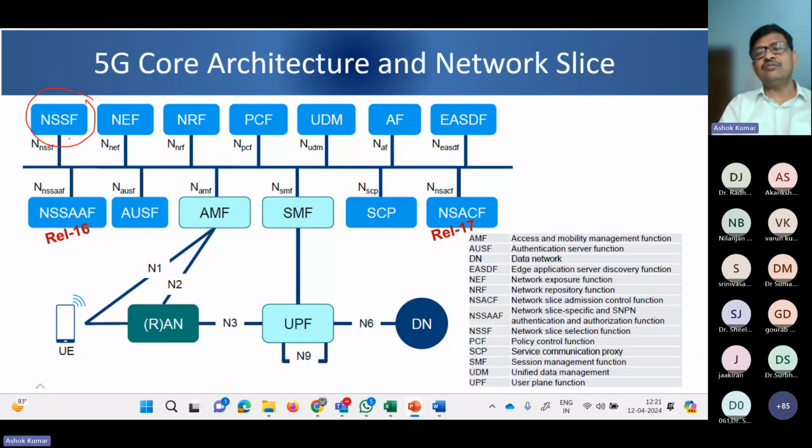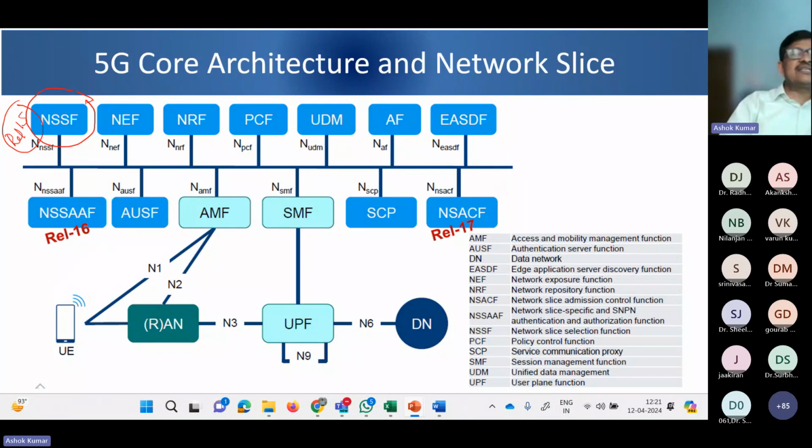Yes, so it's the network slice selection function. It assists AMF in selecting a particular slice for a particular UE. And this came in Release 15 itself. When we say the foundation was laid in Release 15, basically we had NSSF as the specific network function in the core.